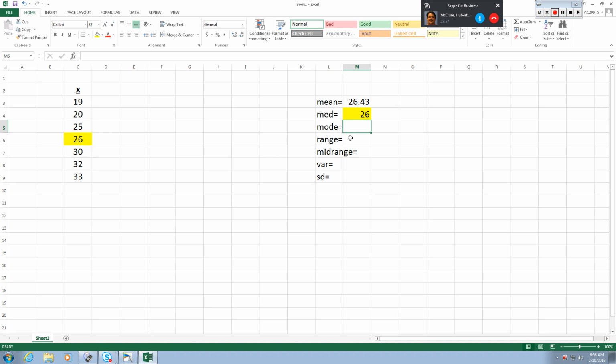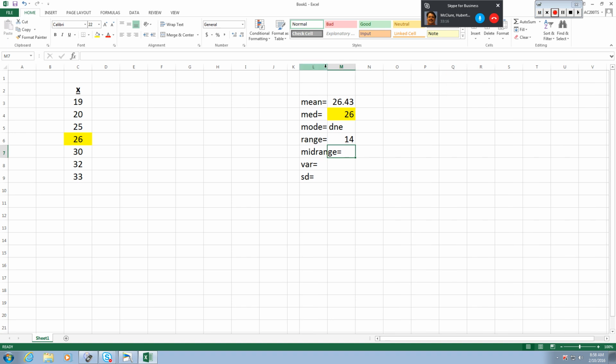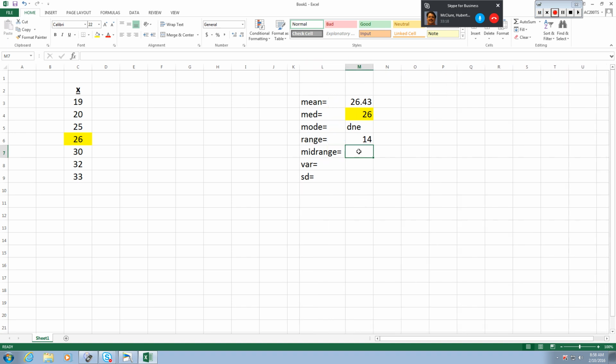Mode I really don't care about. I don't think there is one, so it does not exist. Range is equal to this number minus this number. Mid-range is equal to parentheses, the highest plus the lowest, divided by 2.